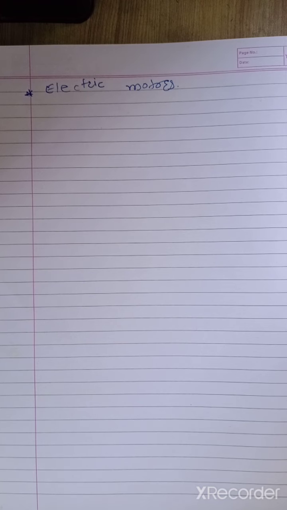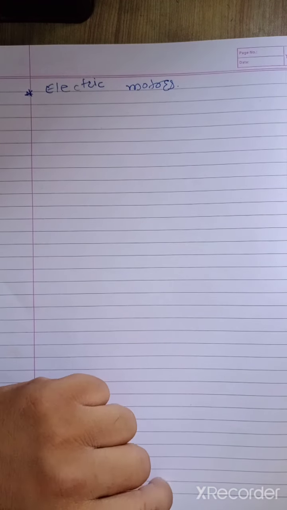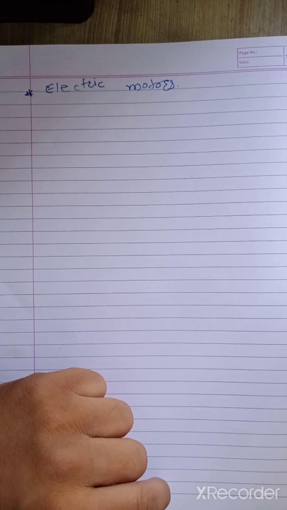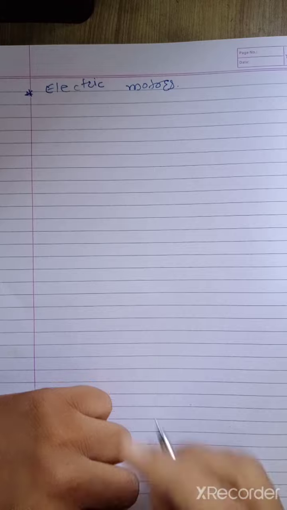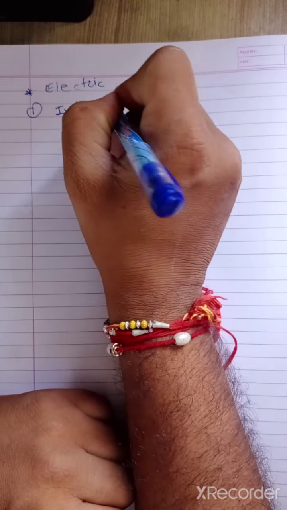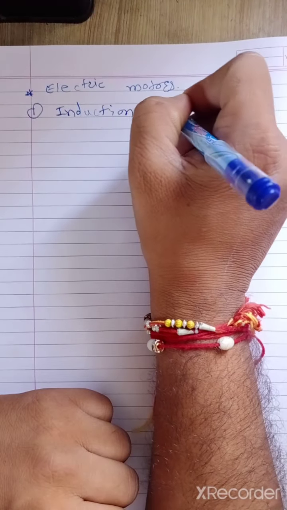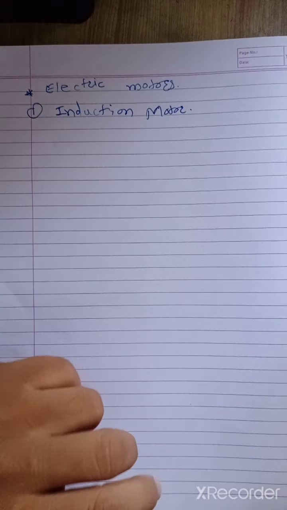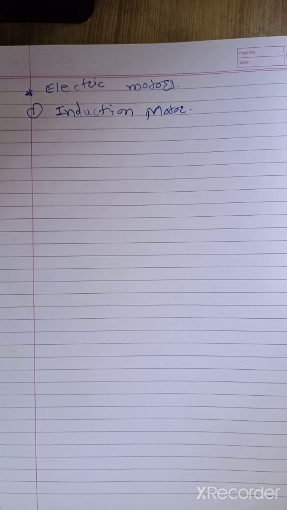Then motor types. The first motor type is the induction motor. Induction motors are the most commonly used prime mover for various equipment in industrial applications.